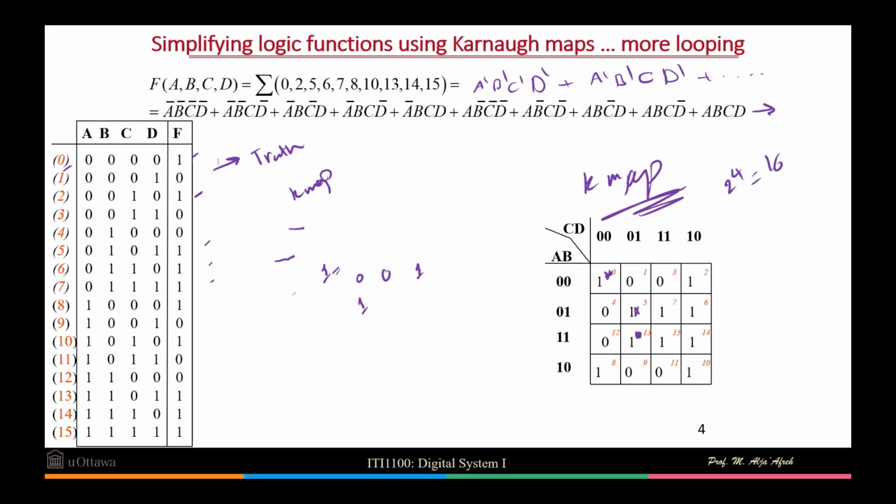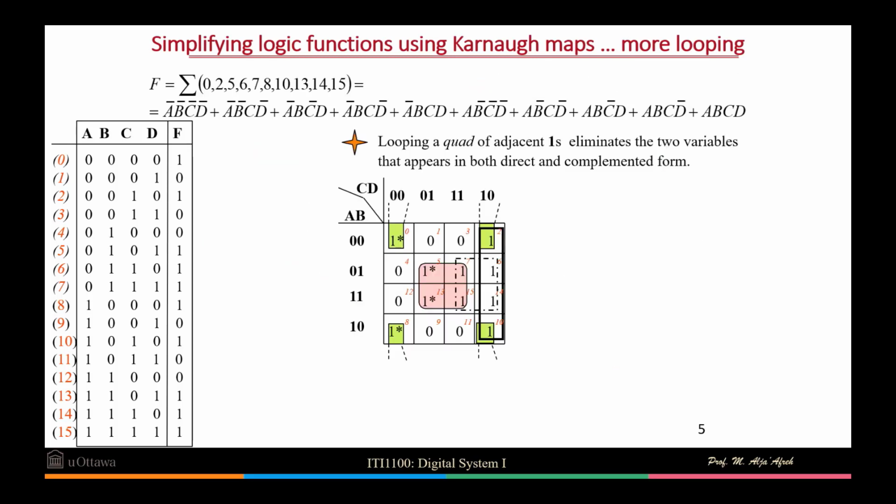When it comes to these two, they can be grouped this way or this way. And this one can be grouped in just one way, which is by taking the corners. So by doing so, guys, look at this.